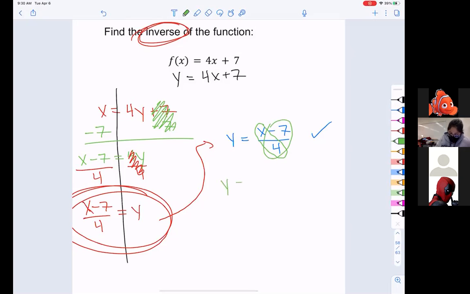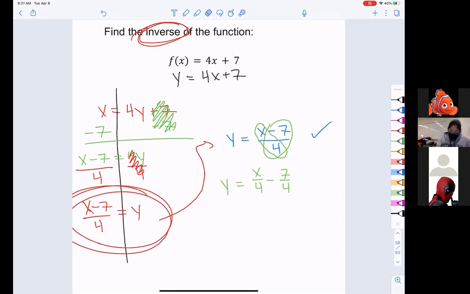So we have y equals, our first fraction is going to be x divided by 4. And then what's our second fraction, Brian? 7 over 4. All right, 7 over 4. Very good. And see this little negative sign? It's got to stick with the fraction. So it's going to be negative 7 over 4.